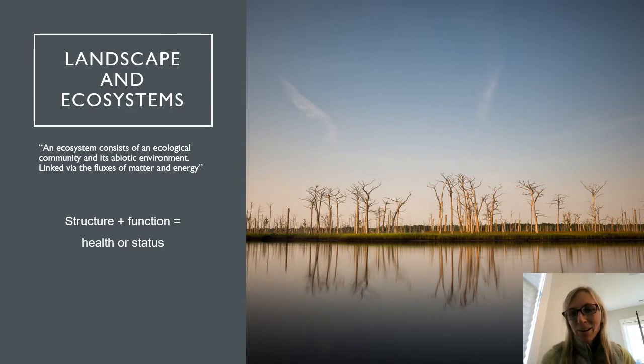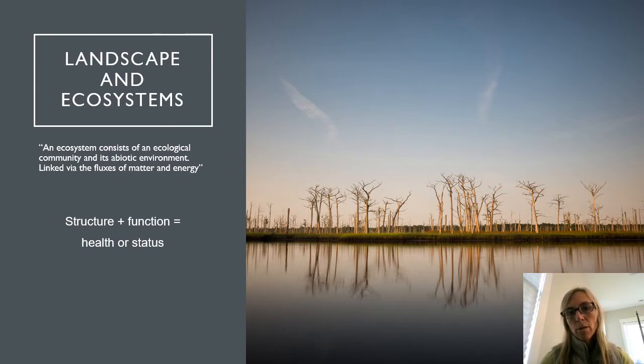So, landscapes and ecosystems are linked to the point where some use those two terms interchangeably. You'll hear folks refer to the salt marsh landscape or the longleaf pine landscape. Remember that traditionally landscapes are viewed as encompassing a broader spatial extent than that studied in ecosystem ecology.